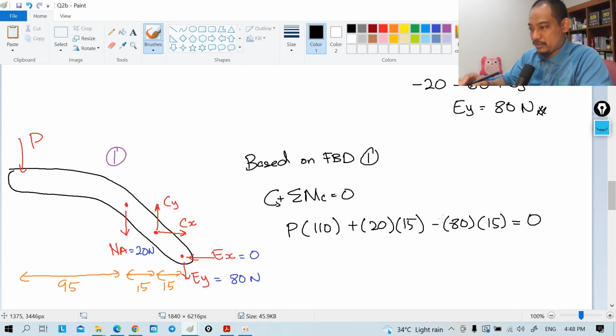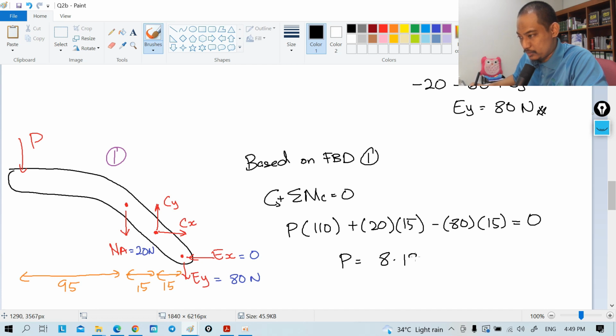So 20 times 15 minus 80 times 15 gives minus 900, but bring it to the other side, 900, and then divide by 110, you get P equal to 8.18 Newton. So that's the answer.